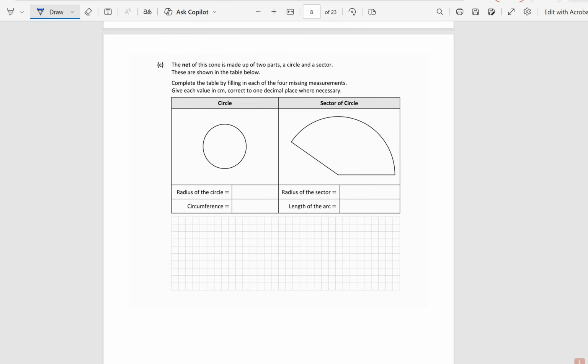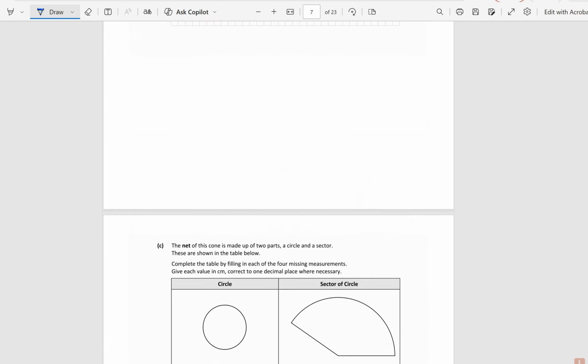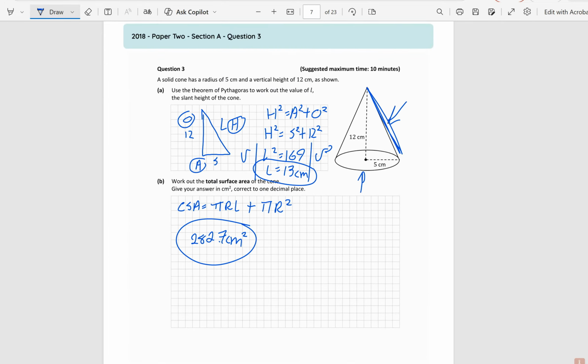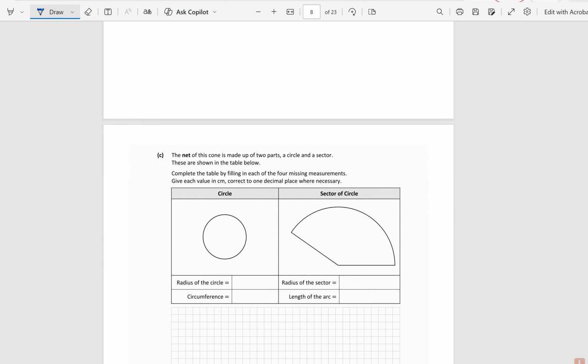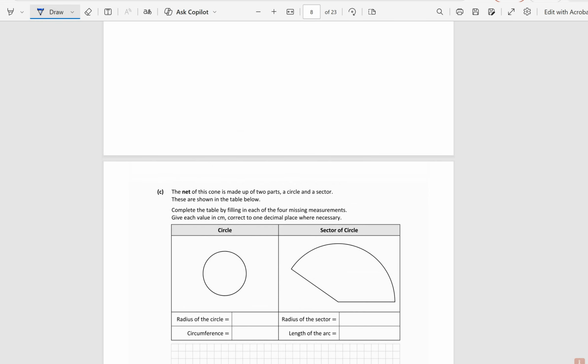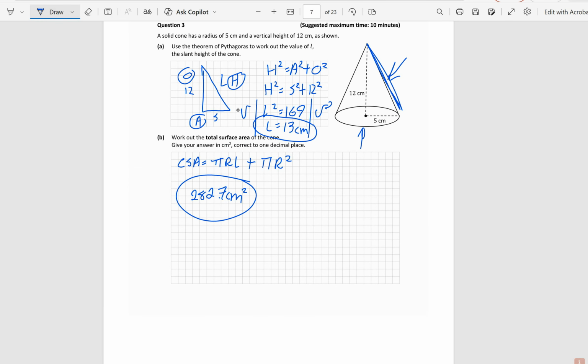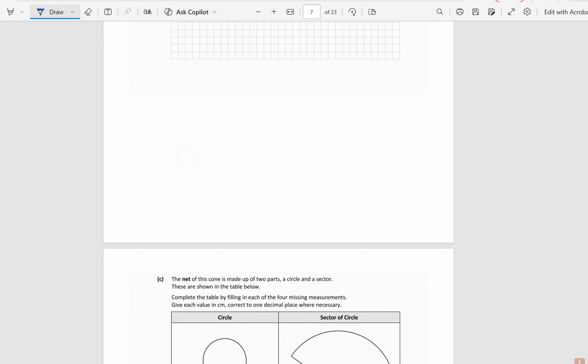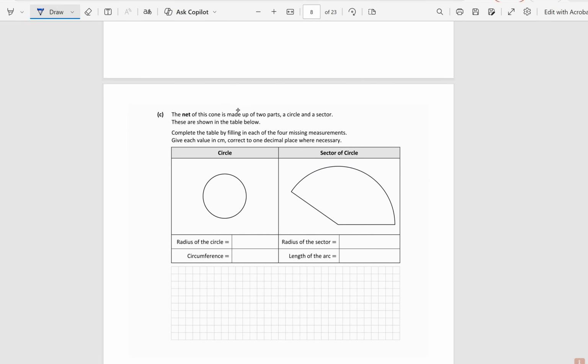Okay, so the same thing. So look, the same cone, here it is. And they're just asking us to give the radius of the circle and the circumference. So if we take this up here, just take a mental note of that, right? So the radius is 5 centimeters.